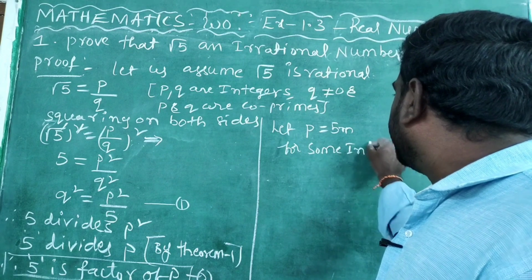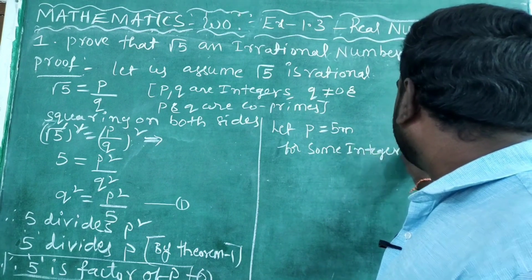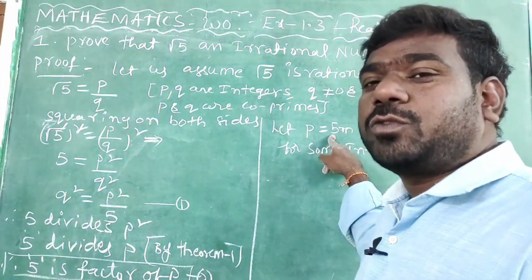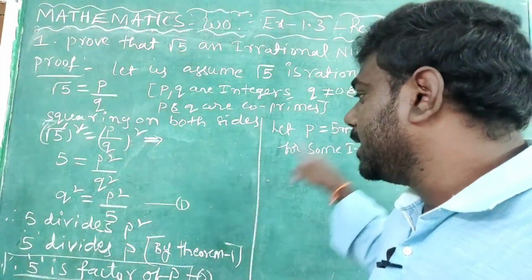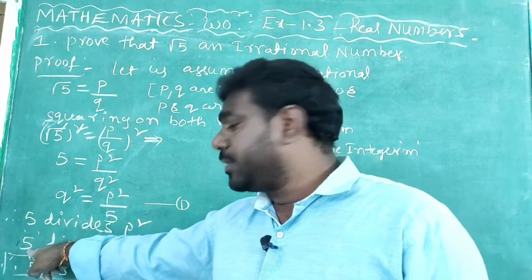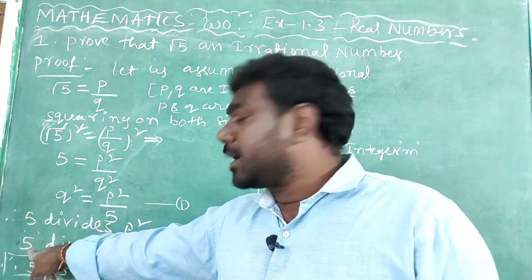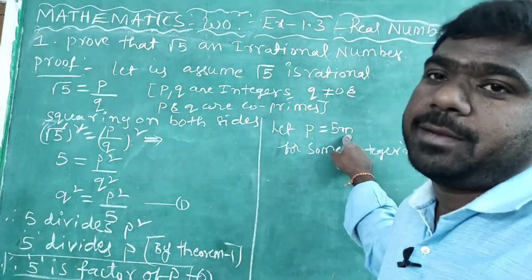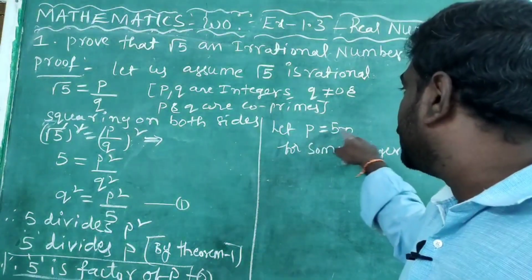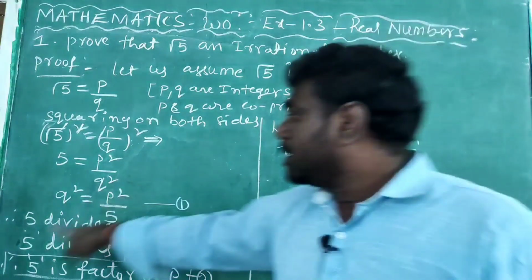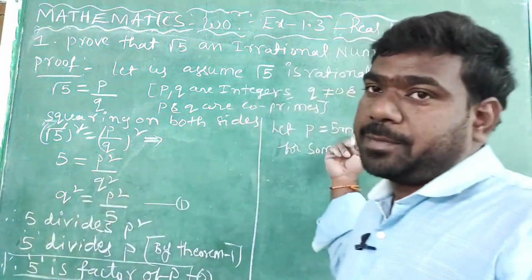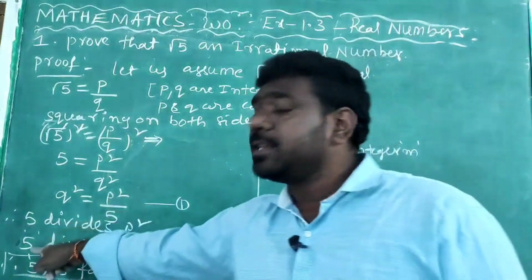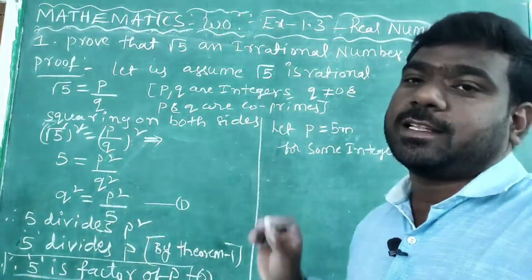Sir, why are we taking only 5m, not 2m or 10m? The reason is that P already has the factor 5, and whatever factor is there, that factor only I take. Now m is any integer. So P equals 5m. Suppose 3 is the factor, we can take 3m; if 2, then 2m; if 7, then 7m. That is the logic here.